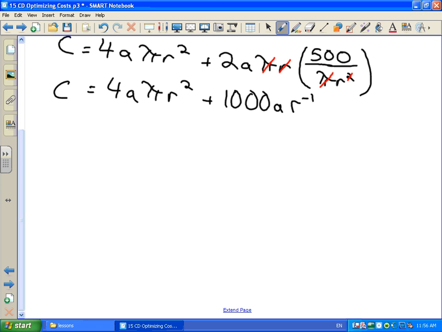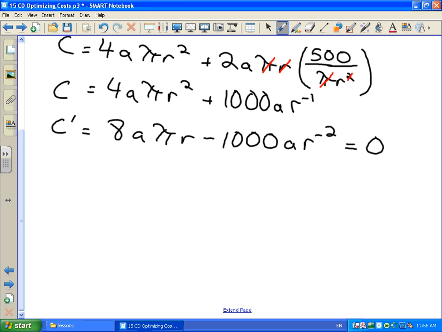So let's take our derivative here. C primed is going to be 8a pi r minus 1000a r to the negative 2. Set it equal to 0, and we can solve here. So 8a pi r equals 1000a over r squared.